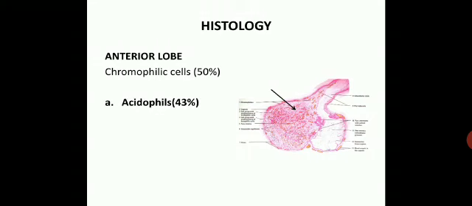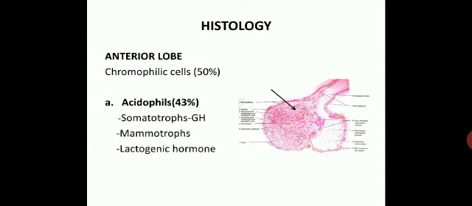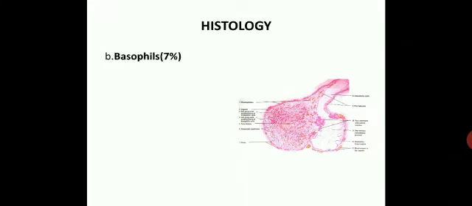The acidophils constitute about 43% and include somatotropes that secrete the growth hormone and the mammotropes that secrete the lactogenic hormone. The basophils constitute about 7%.